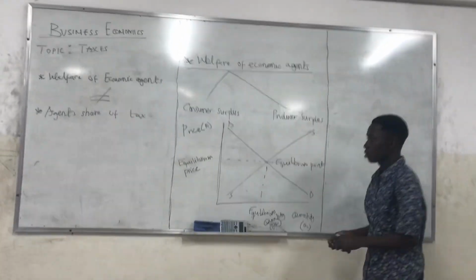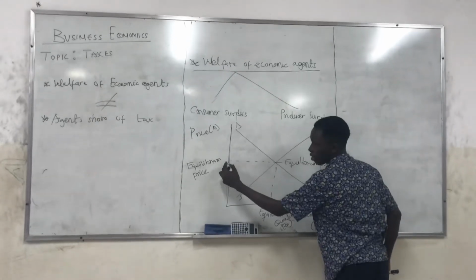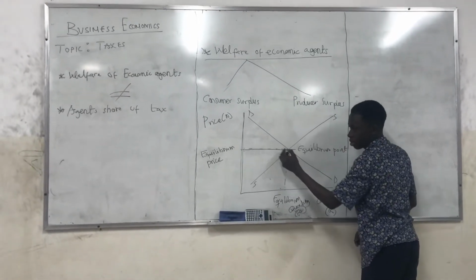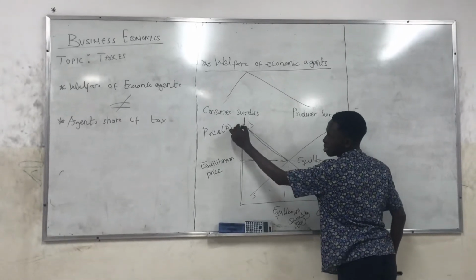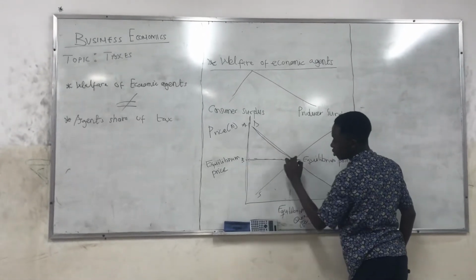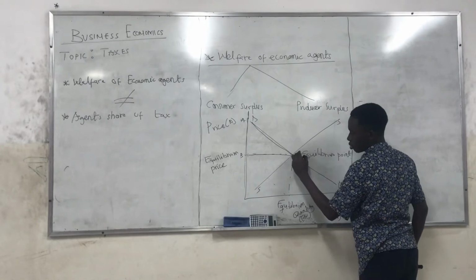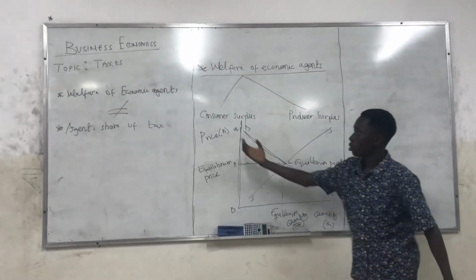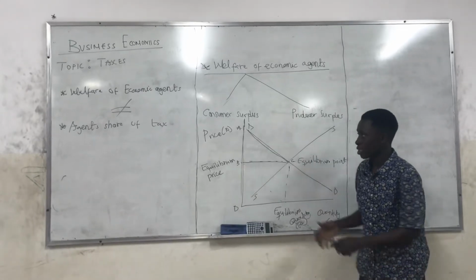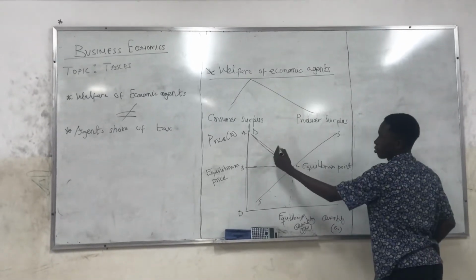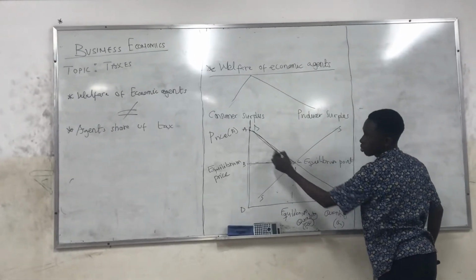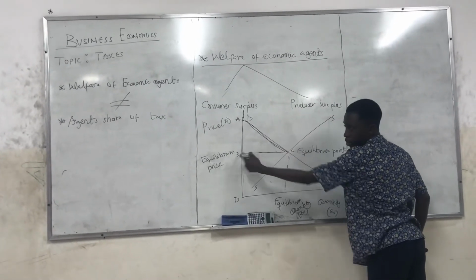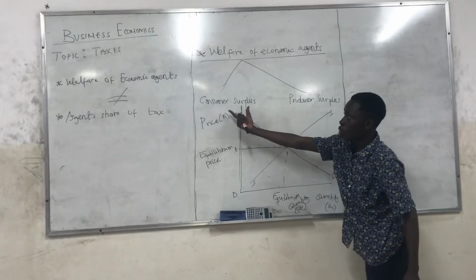So above the equilibrium price, which is this side, let me name it. Let's say A, B, C, D. Okay. Above the equilibrium price, which is triangle ABC, is consumer surplus.